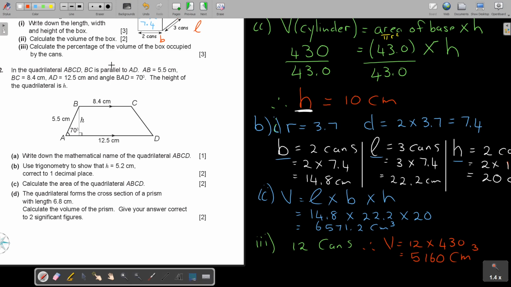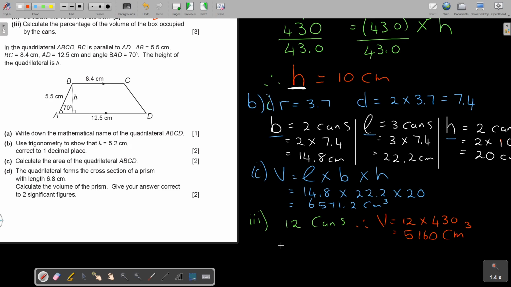What was the volume of the whole box? Do you see? This is the whole box, the blue. This is the volume of the cans. And they asked me, calculate the percentage of the volume of the box occupied by the cans. So I'm going to say percentage occupied, and that will be 5160, this is the cans, over the total, 6571.2.